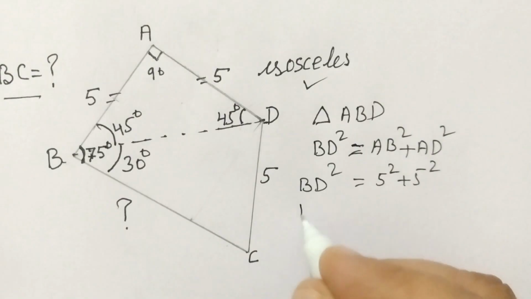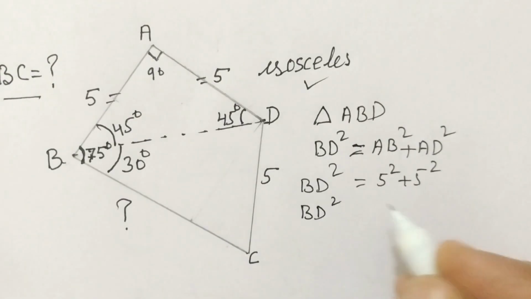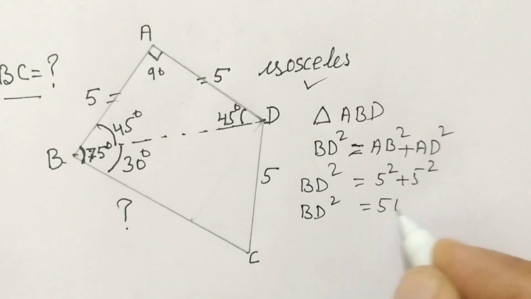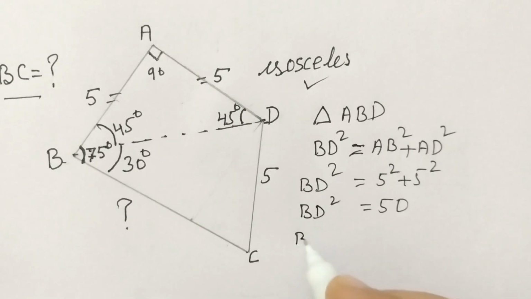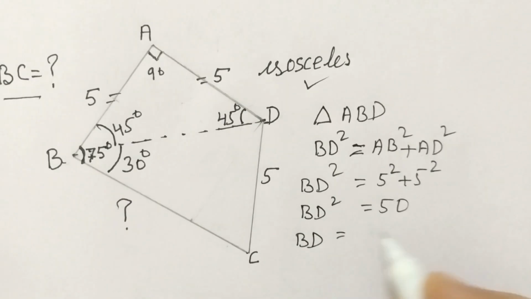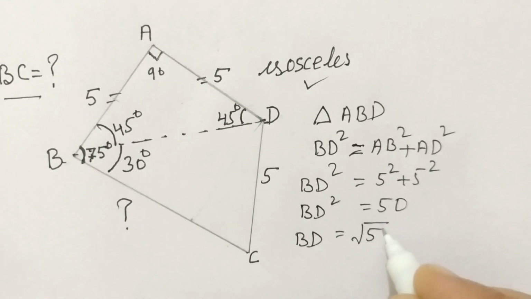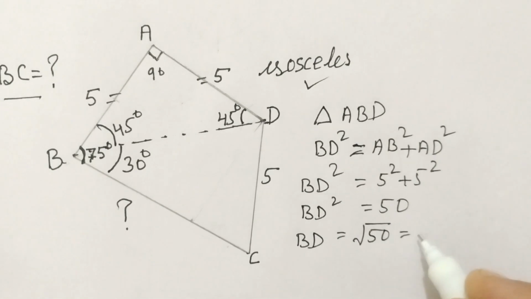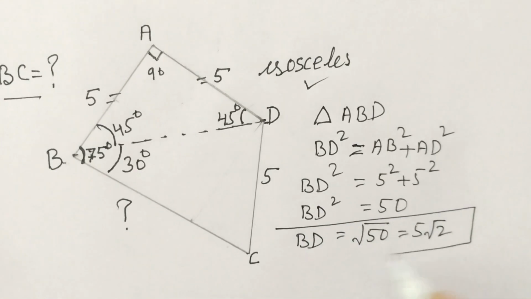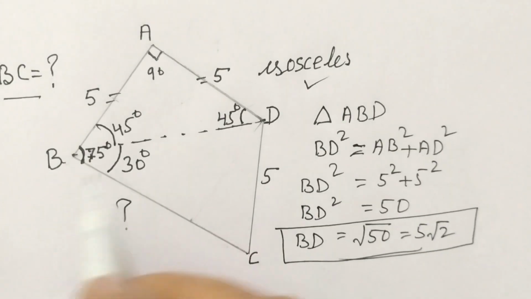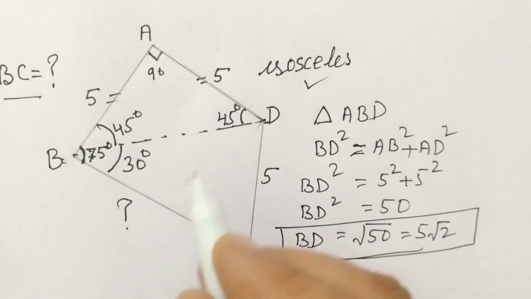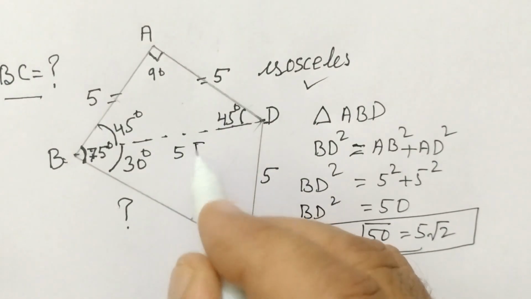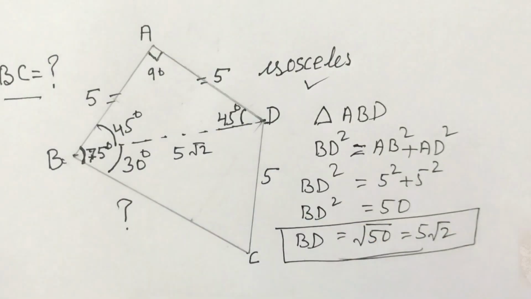So BD square is equal to 50. So BD is equal to square root of 50, which is 5 square root of 2. BD is equal to 5 square root of 2.